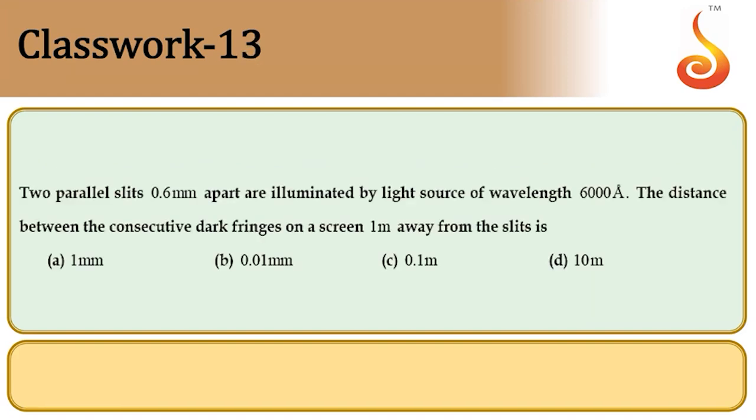13. Two parallel slits 0.6 mm apart are illuminated by a light source of wavelength 6000 angstrom. The distance between consecutive dark fringes on a screen 1 meter away from the slits is? Alright. The distance between two consecutive dark fringes x is given by lambda D divided by d.